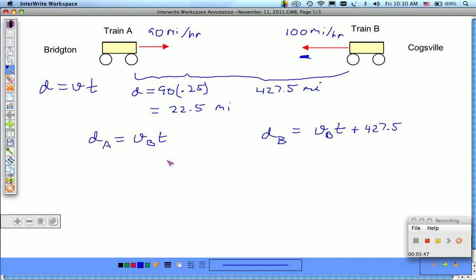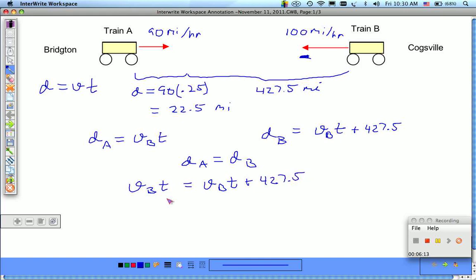All right, we know that they cross each other at the same place, so we're going to set the distance that train A has traveled equal to the distance that train B has traveled. So hopefully this makes sense. V sub A times t is equal to V sub B times t plus 427.5.